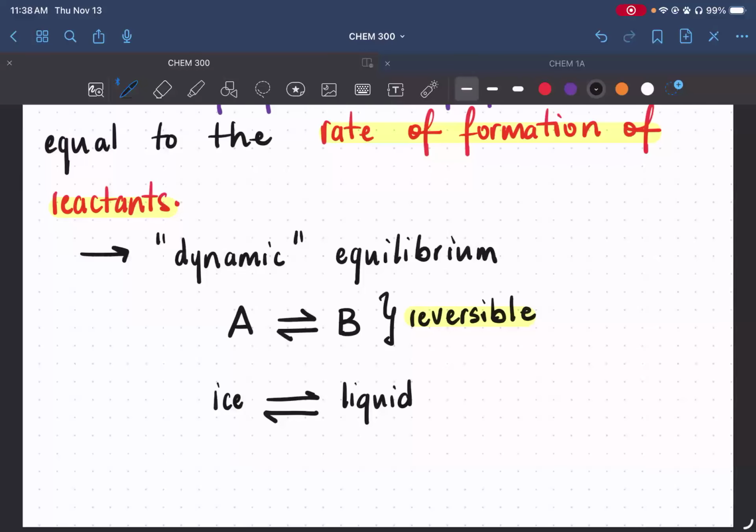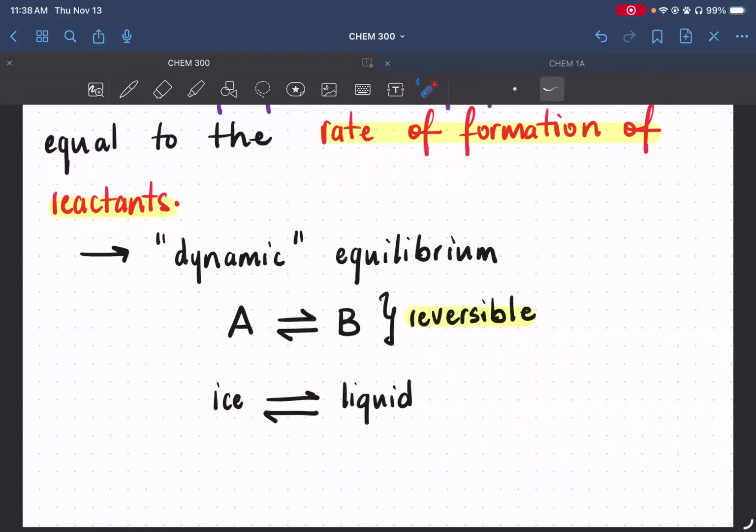So when we say something is reversible, we literally mean it can occur in both directions. Ice will melt, turn into liquid, and the liquid can freeze to return to ice. So the concept of reversibility just means both directions are possible.